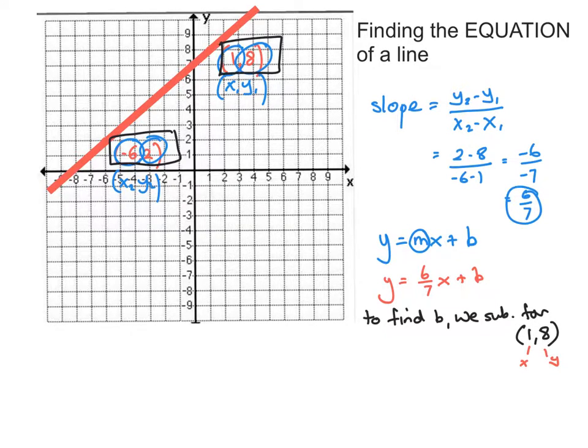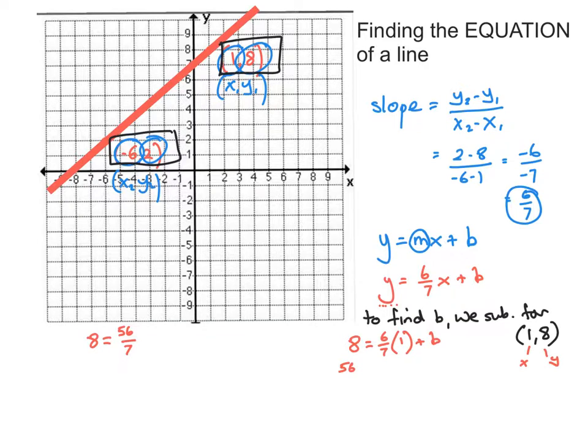So the y value here is going to be 8 equals 6 over 7 times the x value 1 plus b. And this is where we need to be at fractions. We know that 8 in terms of sevenths equals, well, 8 times 7 is 56, so it's 56 over 7.